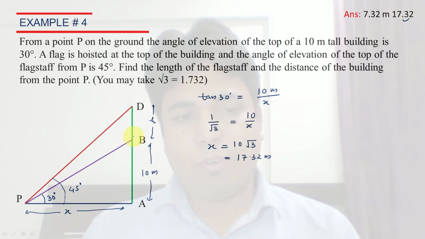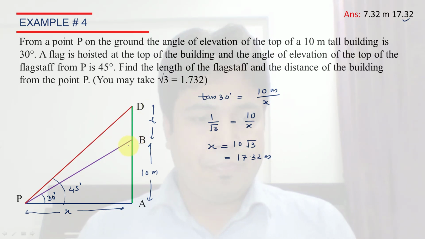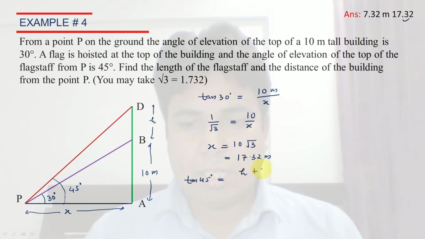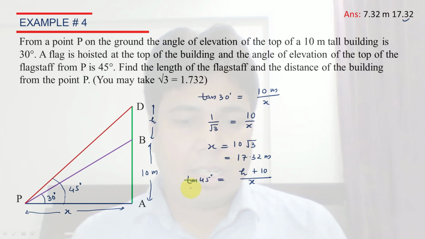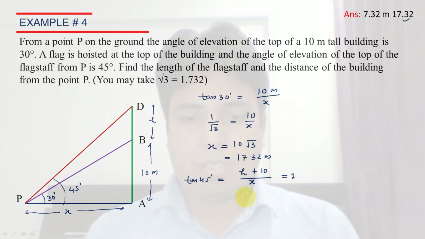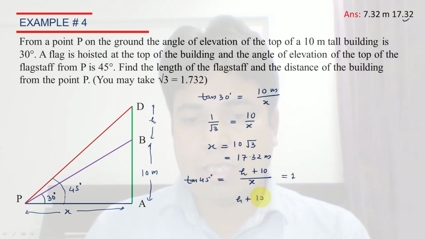We also need to find the length of the flag. So as we know, this angle is 45 degree, hence this implies tan 45 degree is equal to H plus 10 upon X, and tan 45 is equal to 1, and we also know the value of X. So H plus 10 is equal to X. X is 17.32, hence H is equal to 7.32.